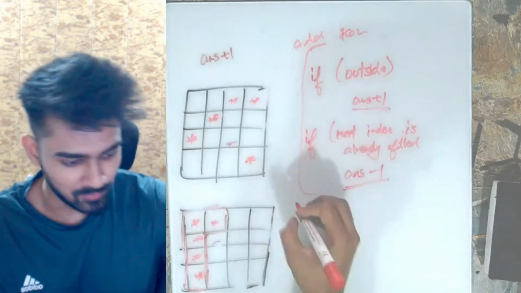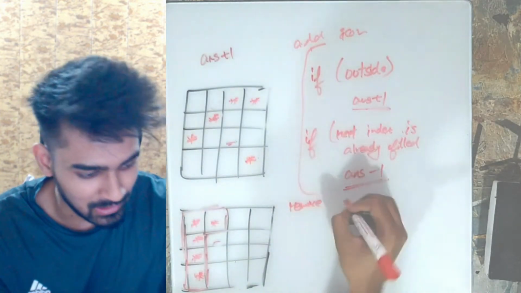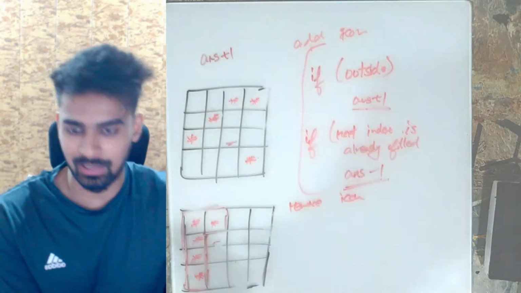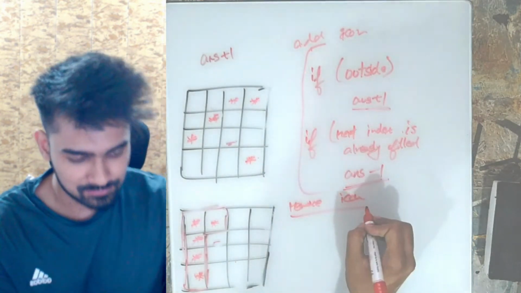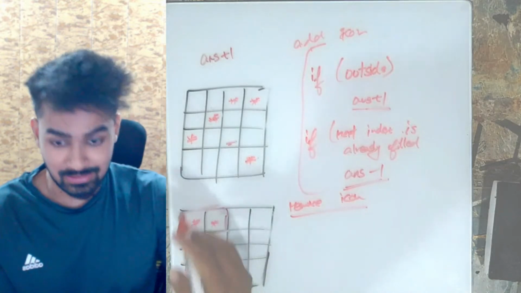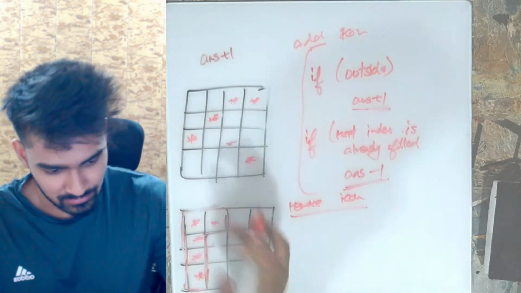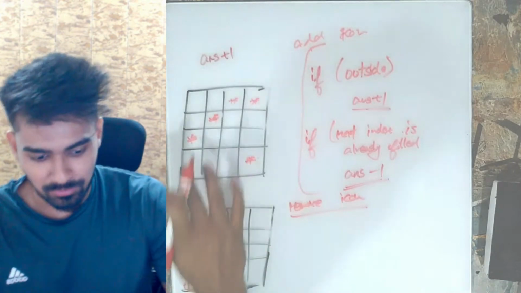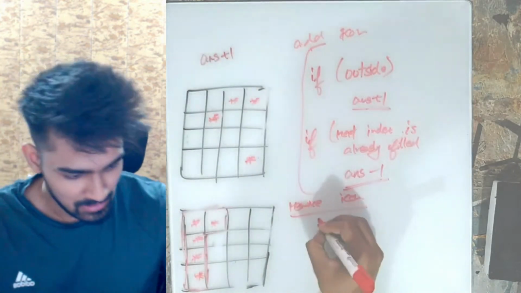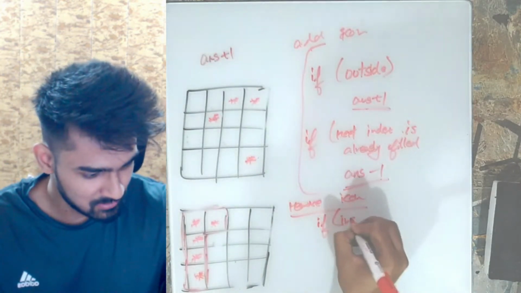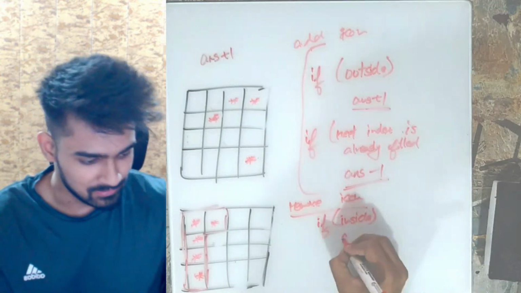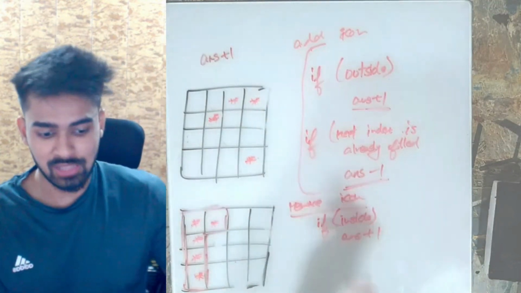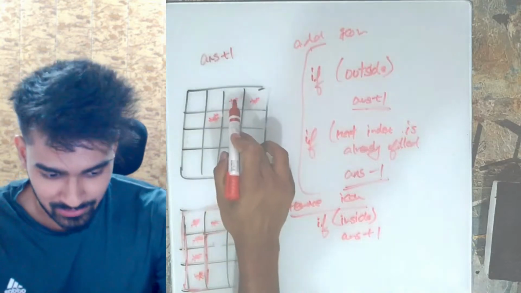And the same thing for remove icon. If you have to remove an icon, then what you have to see is if it is present inside. Let's just say we were trying to remove this icon. If it was present inside, then you increase your answer, because now you actually need to take another icon and bring it here.